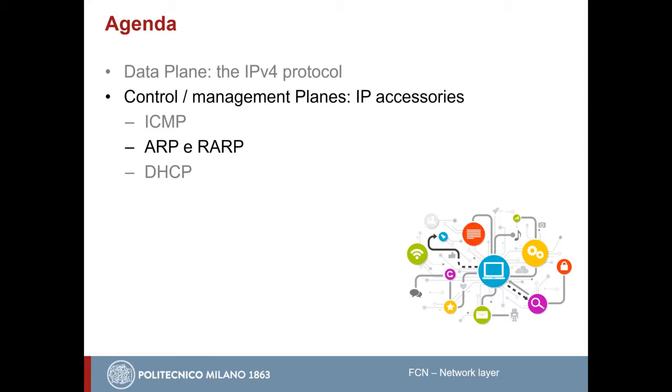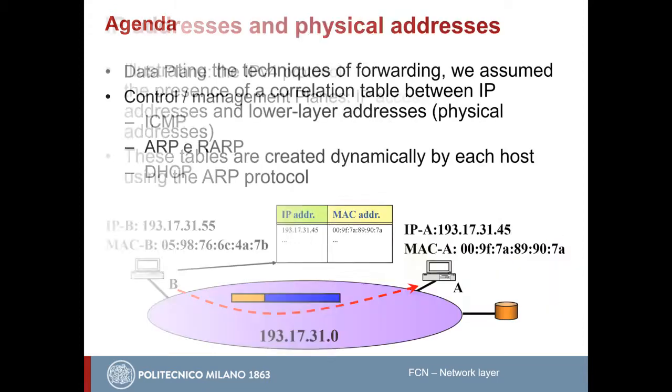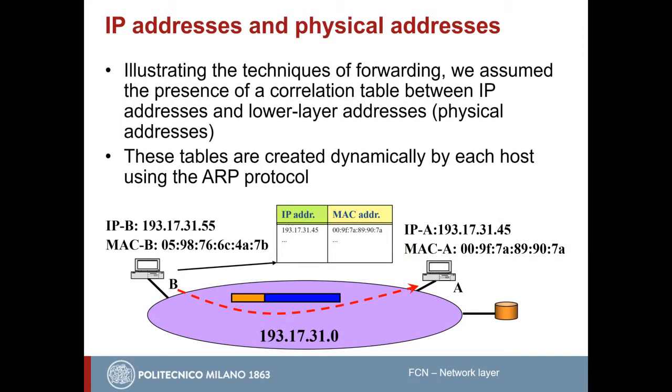So let's talk about ARP, which is quite important because it's fundamental for the forwarding operation, as we have seen. This is a slide taken from the set about forwarding, just to recall that we need an ARP table in each interface in order to associate IP addresses with MAC addresses, in order to perform the direct delivery of IP packets, exploiting the layer 2 forwarding capability of the layer 2 network.